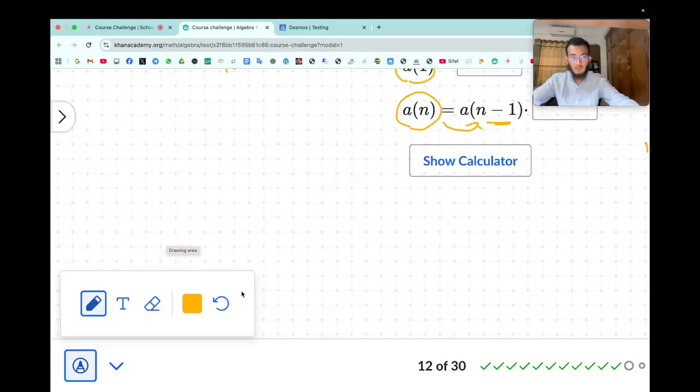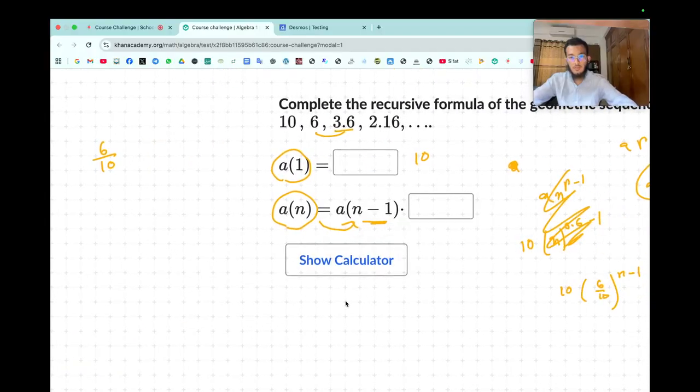The first value is 10, and n minus 1 is the term, let's say 1, 2, 3, 4, fourth term. Okay, so previous term, which is 3.6, and that is multiplied by the common ratio in order to get the fourth term.